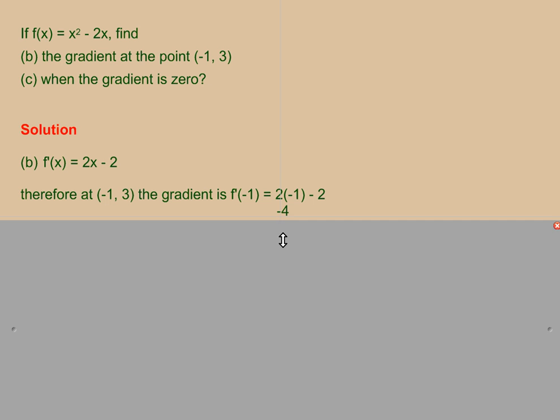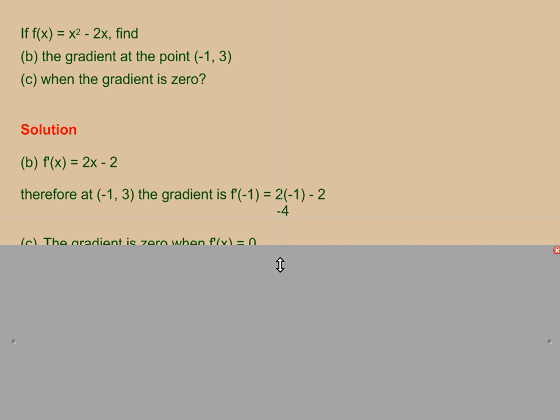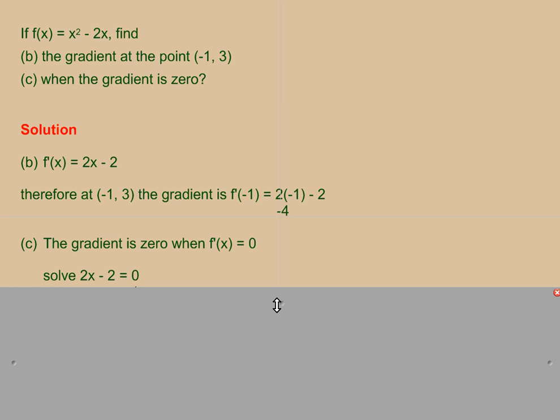And finally, the last part says, when is the gradient 0? So what we're trying to do is find when the derivative is 0. So we put the gradient function, the derivative, equal to 0, solve for x, and we see that when x is equal to 1, the gradient is equal to 0.